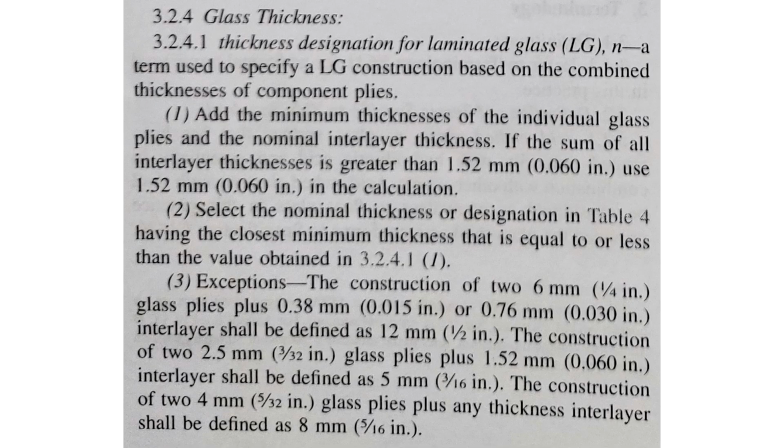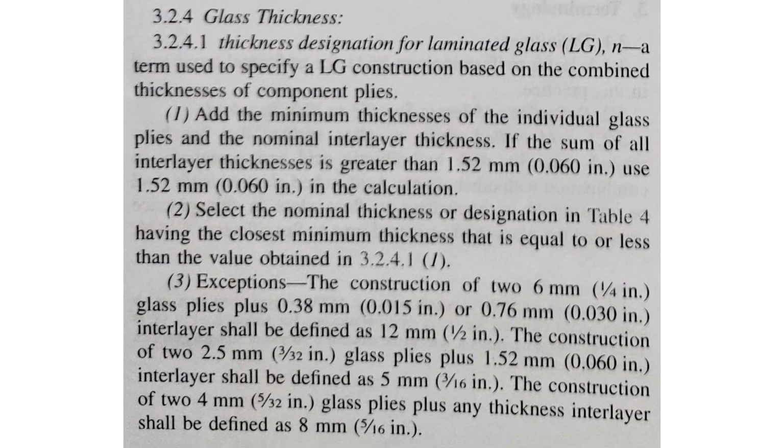Okay, so this is laminated glass, LG. A term used to specify laminated glass construction based on the combined thickness of component plies. Add the minimum thickness of the individual glass plies and the nominal interlayer thickness. So we don't actually have to measure that interlayer thickness, which is a good thing because it's tiny, because it's just this inner layer between two pieces of glass right next to each other.